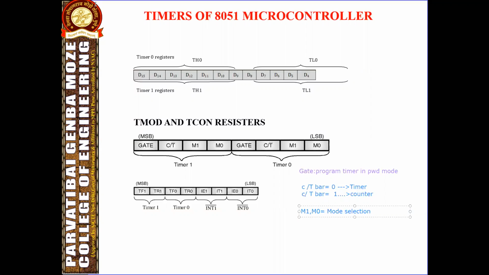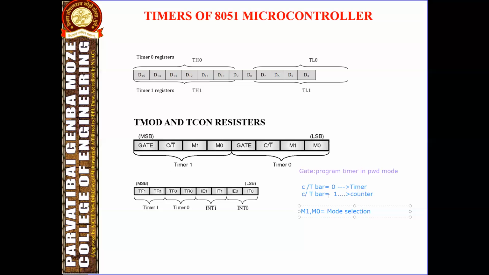Then C/T bar is used for selecting the microcontroller to operate as a timer or counter. If this bit is set to 0, then it will act as a timer.